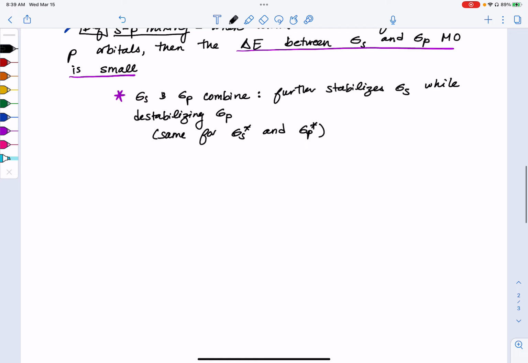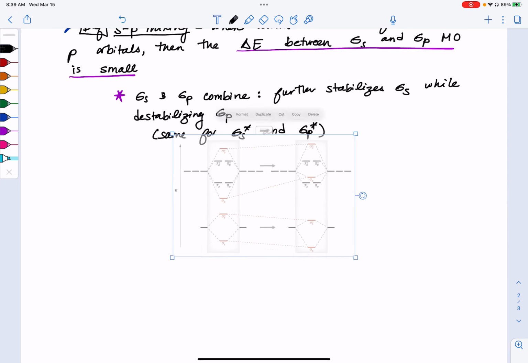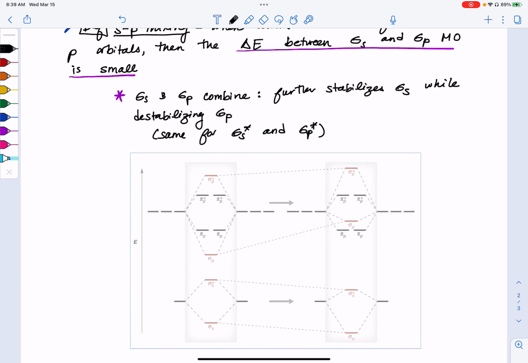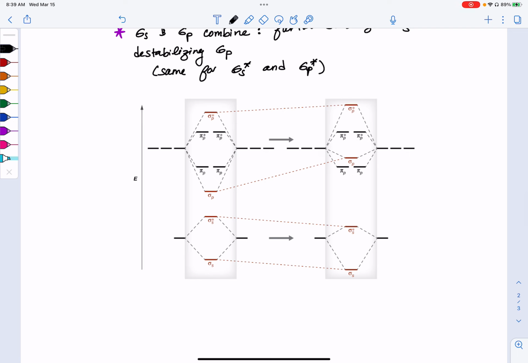So let's look at what happens here. We have our regular or expected MO diagram on the left, and on the right is an MO diagram that shows the result of sp mixing.